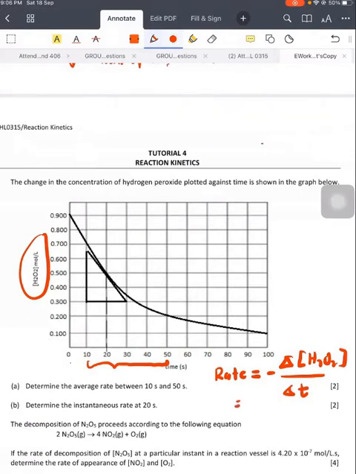Okay. So which means that it is equals to concentration 2 minus with concentration 1. Meda tak tulislah H2O2 kat dalam tu. Okay, bahagi dengan T2 minus T1.